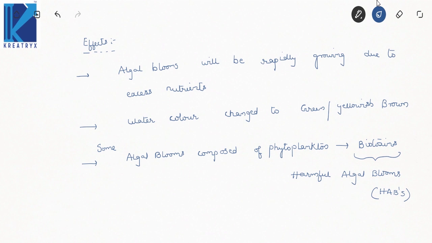Now the next point. Observe here, when these harmful algal blooms grow in large numbers, then it is called red tide, right?